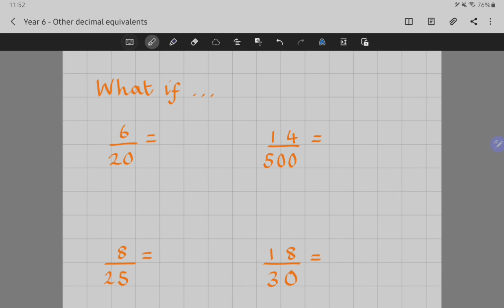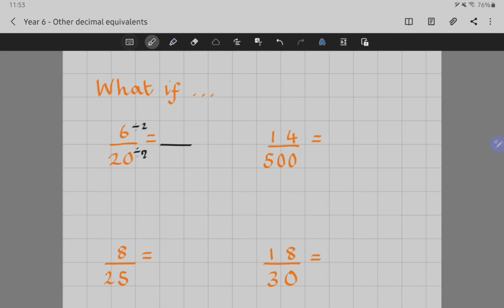6/20ths. I've got to use my knowledge. Can I turn 20 into 10, 100 or 1000? Well, I can turn 20 into 10. I could halve it, but I've got to make sure whatever I do, I do it to both the numerator and the denominator. When I use equivalent fractions, I've got to do the same to both. So 6, I can divide that by the same amount. I can divide this by 2, and I can divide this by 2.